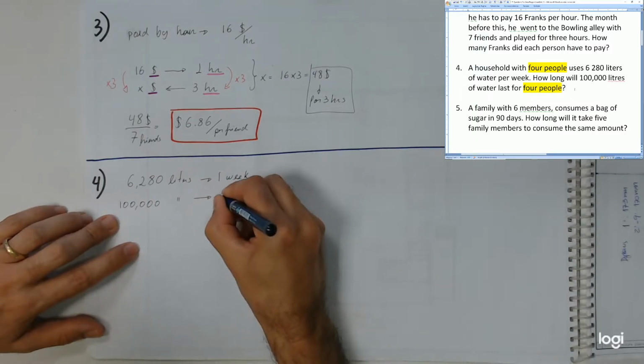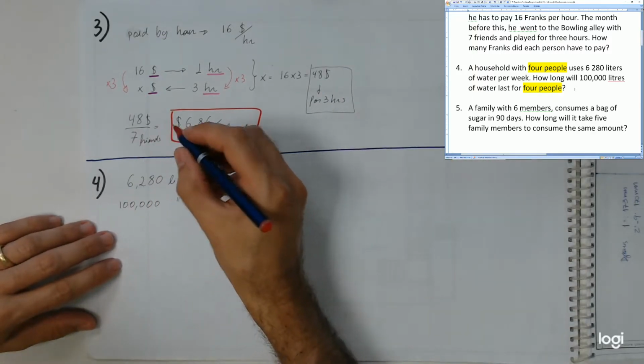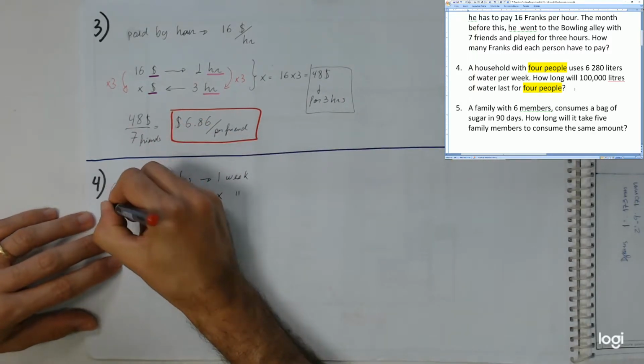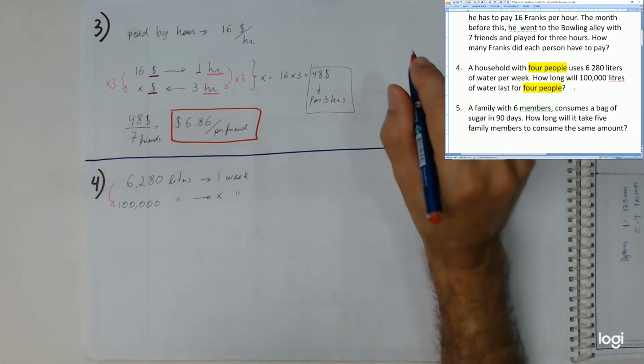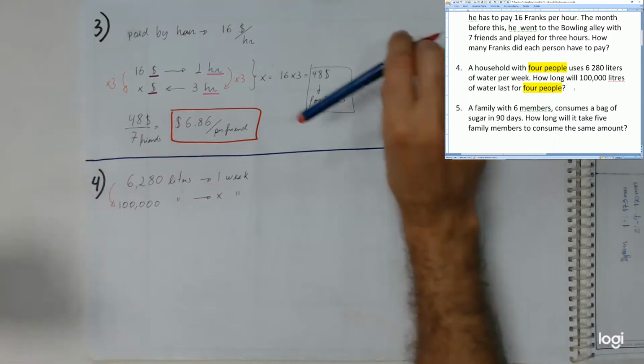How many weeks are they going to need? Very simple. What do you do to go from here to here? Again, ratio, okay, Vera, ratio. How do you do this?